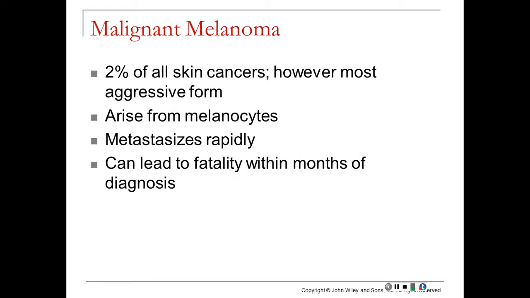Malignant melanoma is the most aggressive, but it's also the least common form. This is coming from the melanocytes. Melanocytes are rooted in that basal layer, but they also project into the dermis, which is what allows them, when they become cancerous, to metastasize more rapidly. This can also lead to fatality within months of diagnosis.